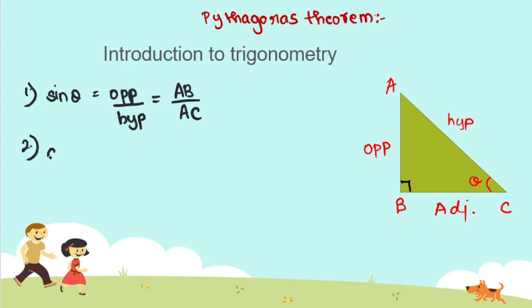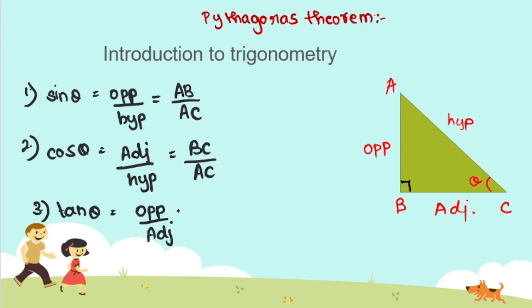Next, what is your cos theta? Cos theta is equal to adjacent by hypotenuse. What is your adjacent side? BC is your adjacent side and your hypotenuse is AC. Then what is your tan theta? Tan theta is equal to opposite by adjacent side.